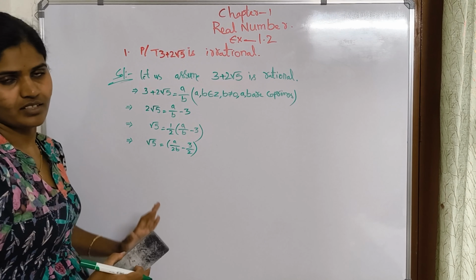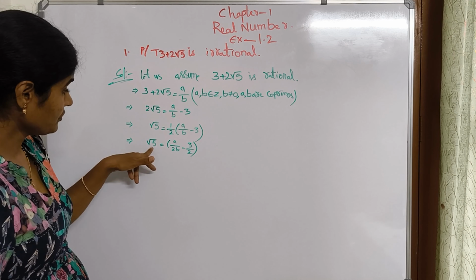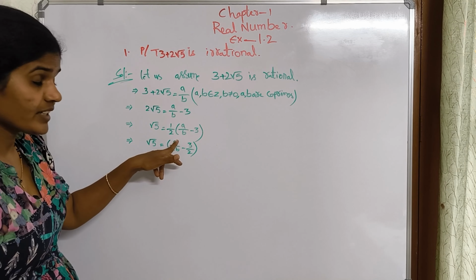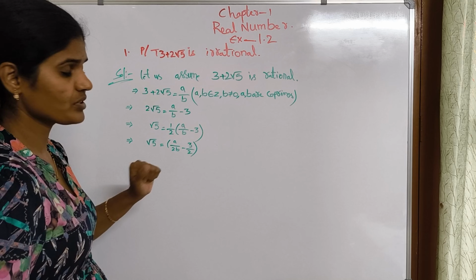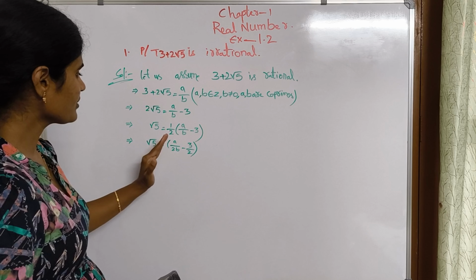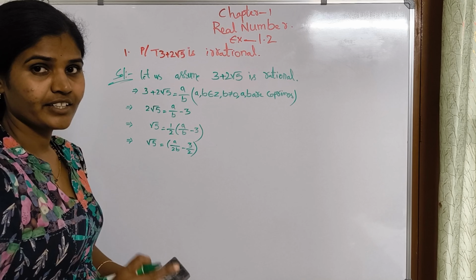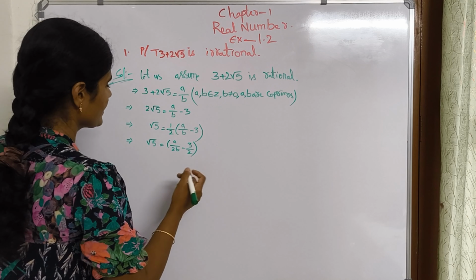Yes, this is the answer. Root 5 equals this. a is an integer, b is an integer, 2 is an integer, 3 is an integer. All are integers, which means this total is a rational number. Yes, that is the rational number.